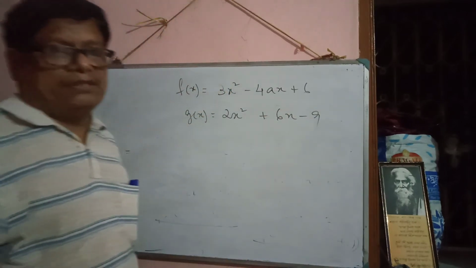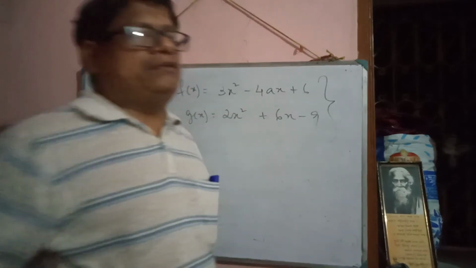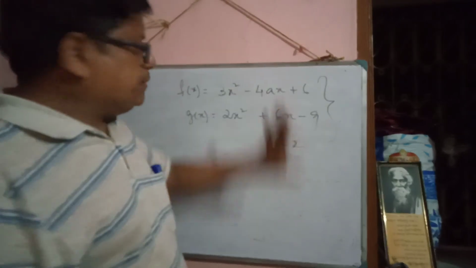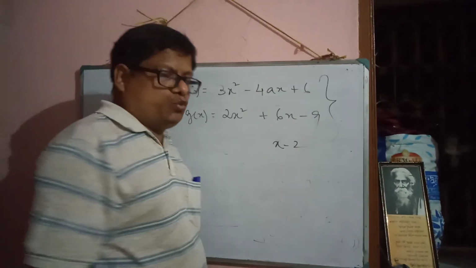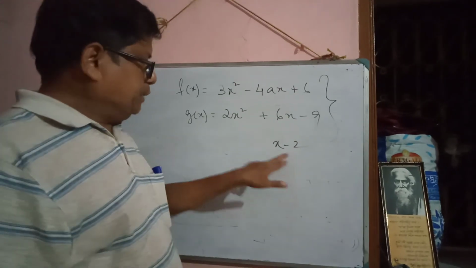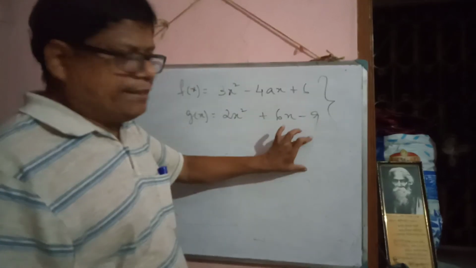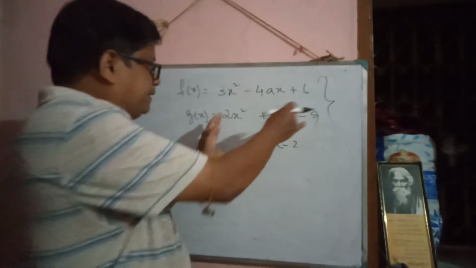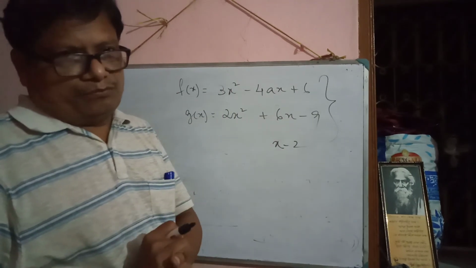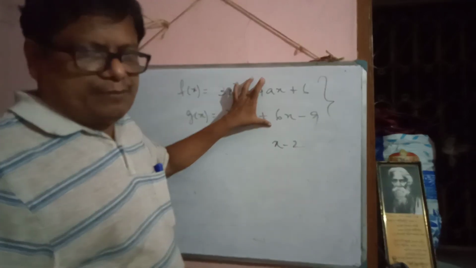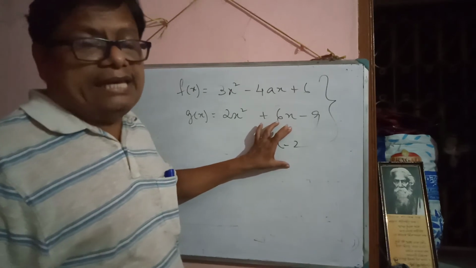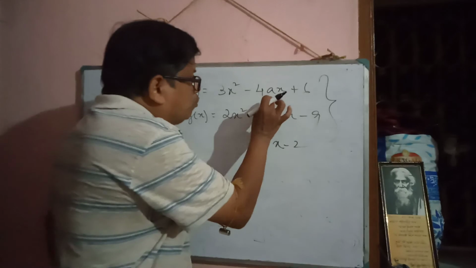Both expressions are divided by x minus 2 and leave the same remainder. If we divide by x minus 2, one remainder we get, and if we divide the other, another remainder we get. Both are equal. Then what is the value of a?